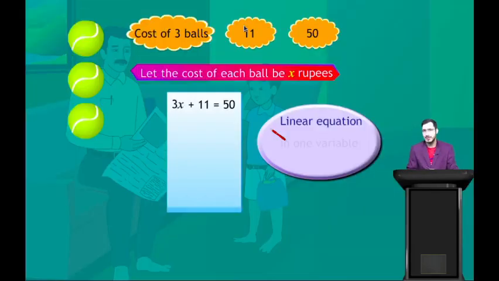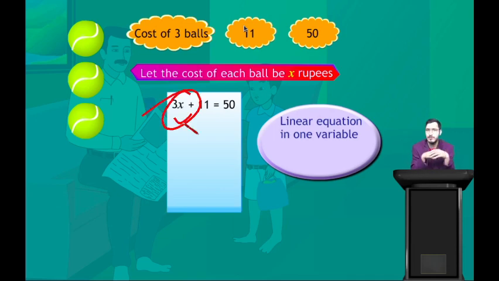So students, that is called a linear equation. Why linear? You can see here 3x plus 11 is equal to 50. So in this case, it is a linear equation in one variable, you can see here the variable is x, only one variable.